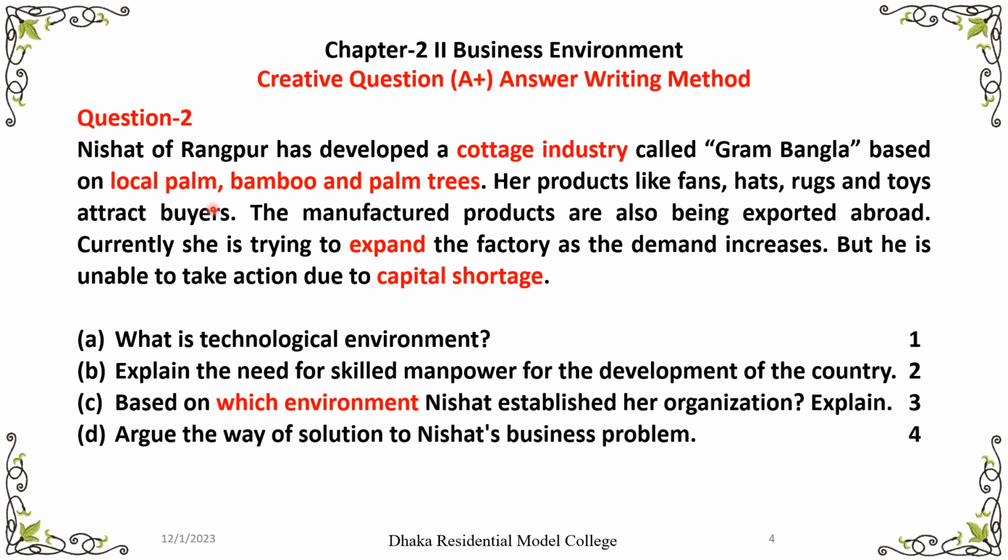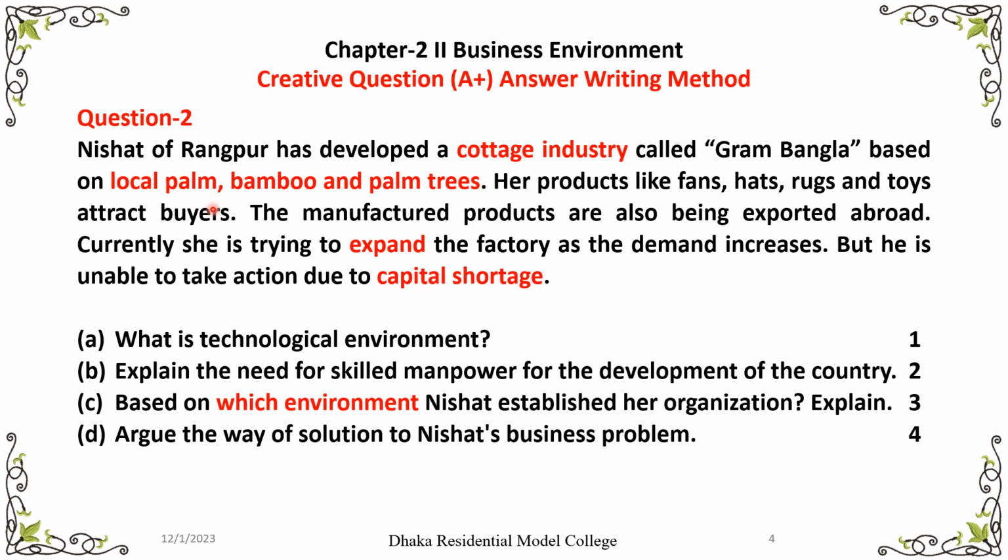In the third para, you will describe in this way: in the stem you can see that Nishat has established her factory, Gram Bangla, in Rangpur. Her manufactured products are also being exported abroad.